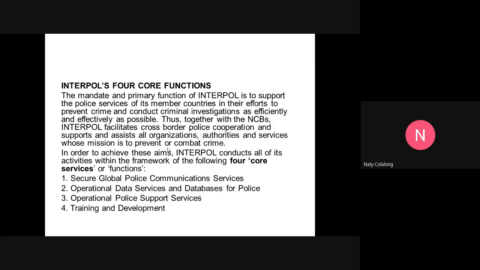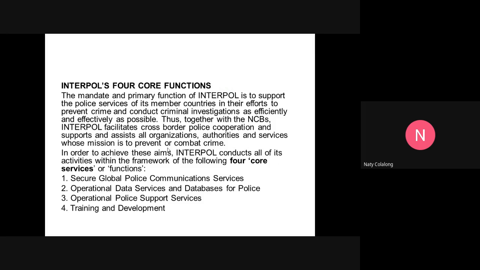Thus, together with the NCBs, Interpol facilitates cross-border police cooperation and supports and assists all organizations, authorities, and services whose mission is to prevent or combat crime.